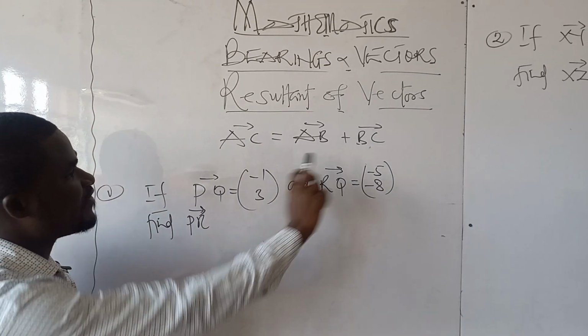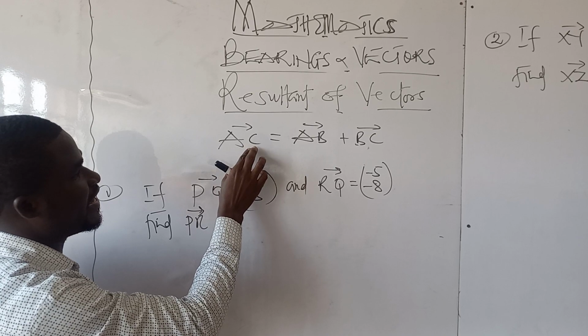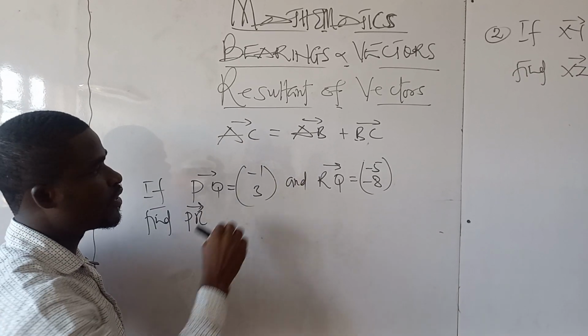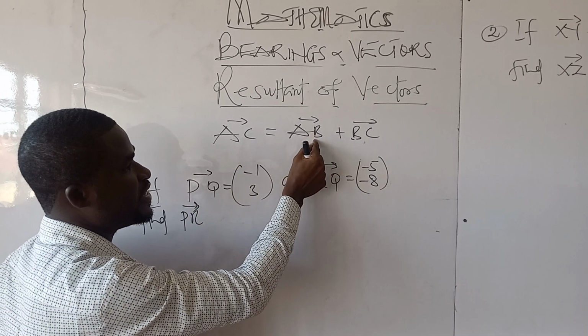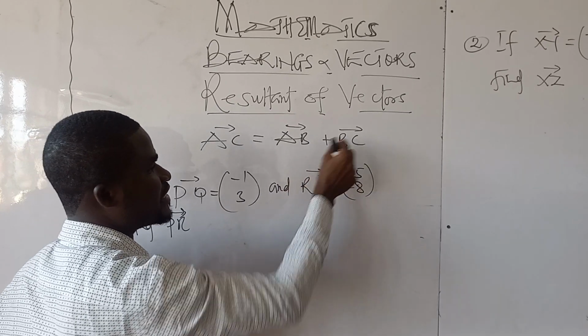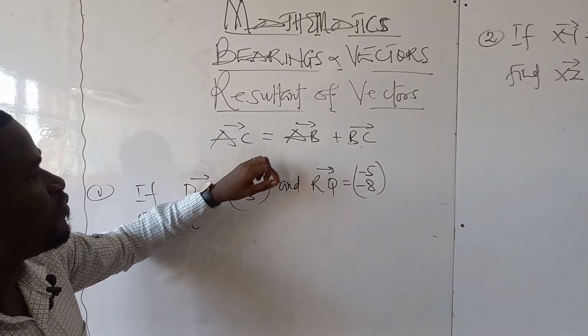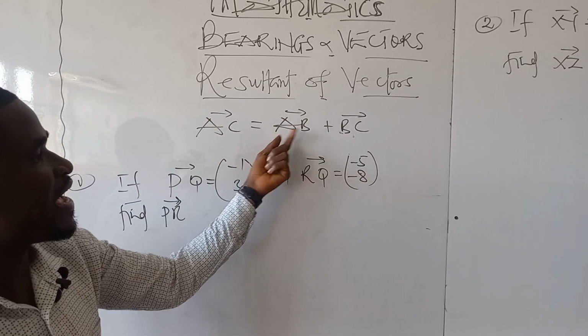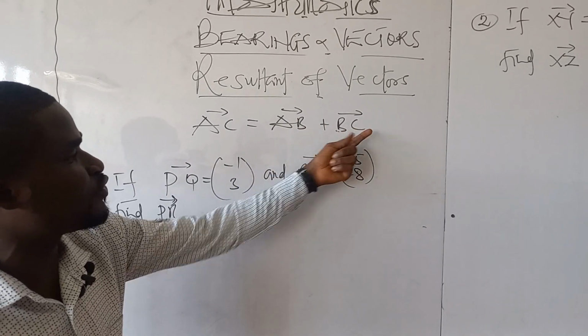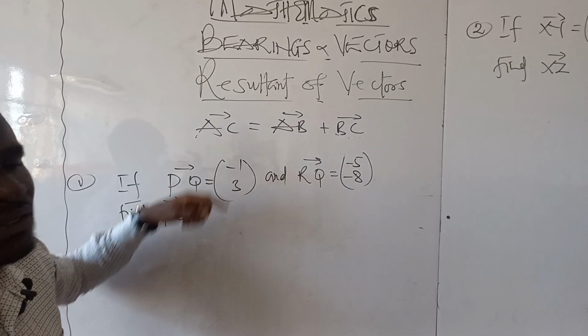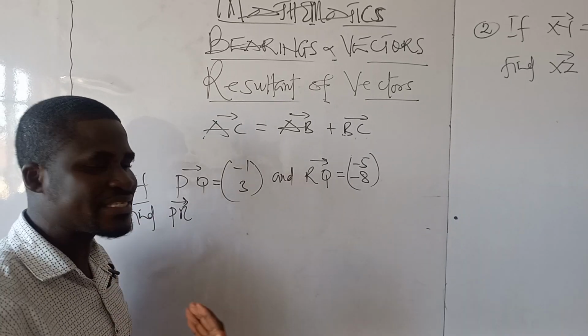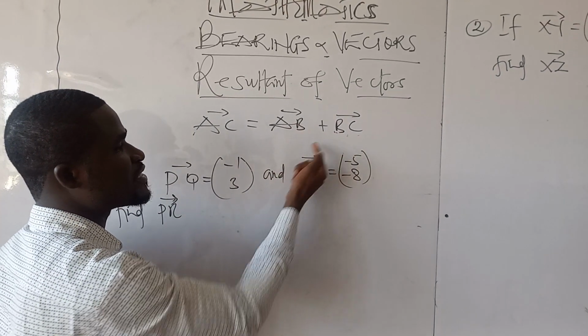Now, we have vector AC equals vector AB plus vector BC. So the different variables, A and C, we put together to get AC. So always make sure that the inner variables are the same.